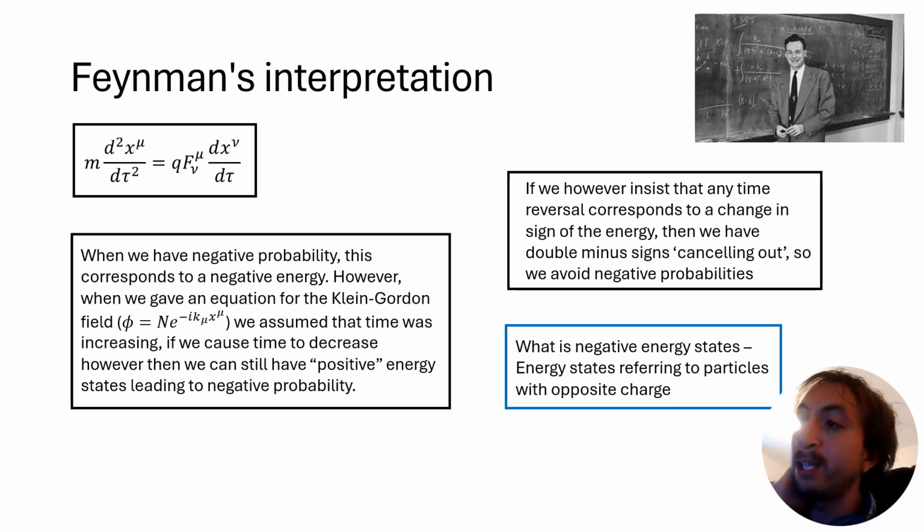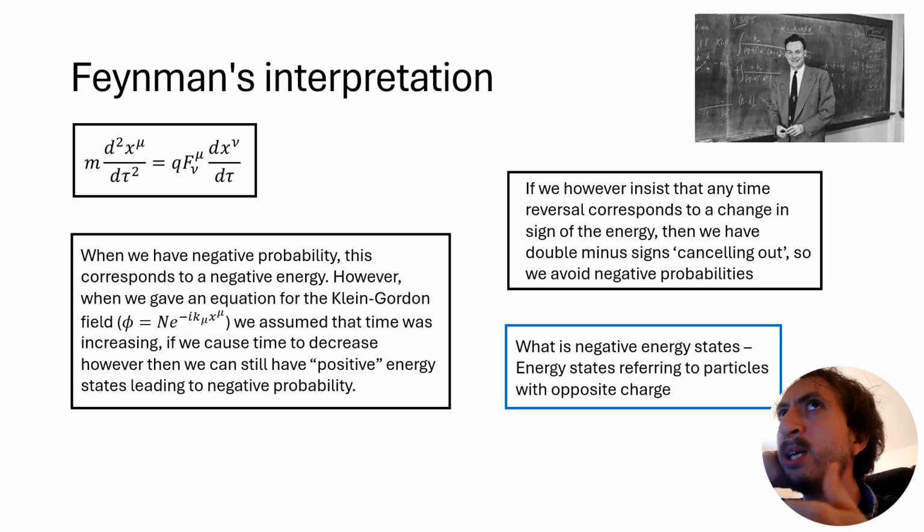And this leads naturally to the idea of antiparticles, because antiparticles are like their particle counterparts but just with opposite charge. So it seems that somewhere in relativistic quantum mechanics, antiparticles are being predicted as almost a natural other half of particles.